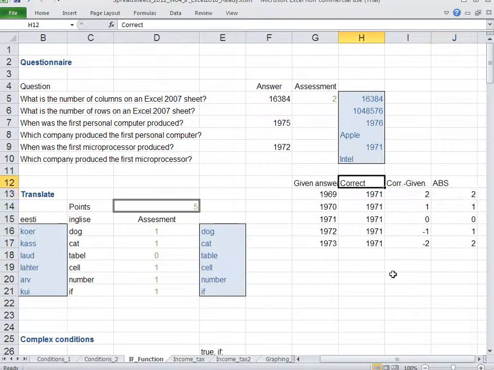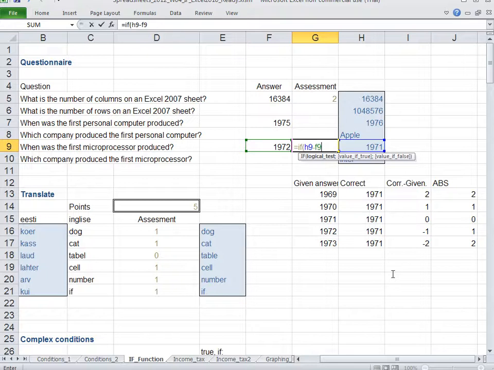Let's write it down as a formula. We write it like this: equals if, parenthesis begin, we write H9 minus F9. This is the correct minus given.